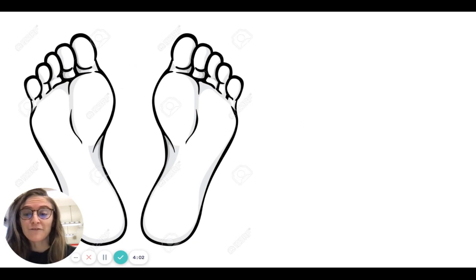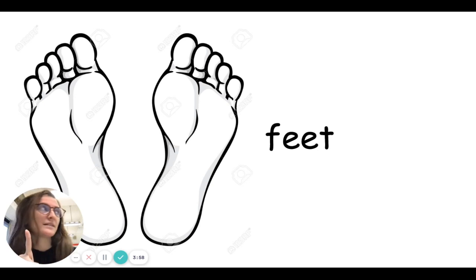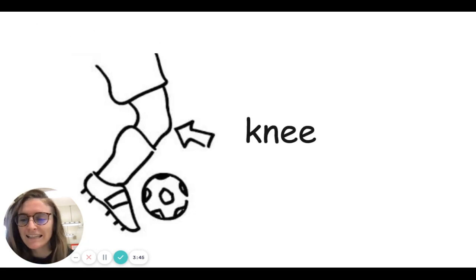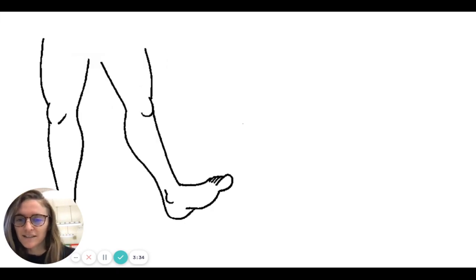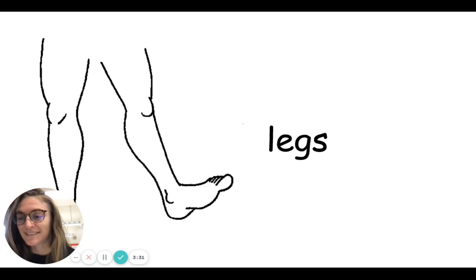Okay, now let's move up. Then we have feet. Remember, we have 2 feet. One is foot, F-O-O-T. But 2, we say feet. Then we have our knee or knees because there's 2. So there should be an S here actually. Knees. Okay, then all of this is our legs.